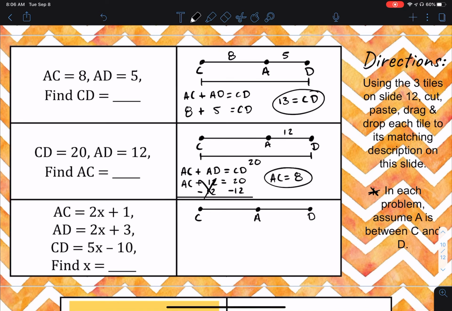It says A to C is 2x plus 1. So this guy right here is 2x plus 1. A to D is 2x plus 3. And then it tells me that CD, the total distance, C to D, is equal to 5x minus 10.